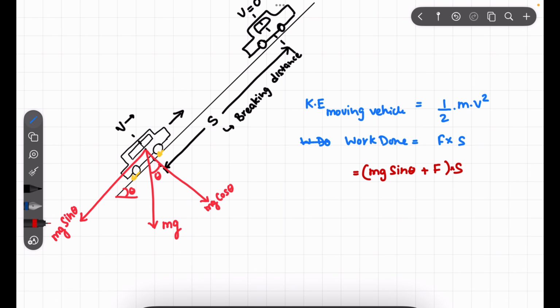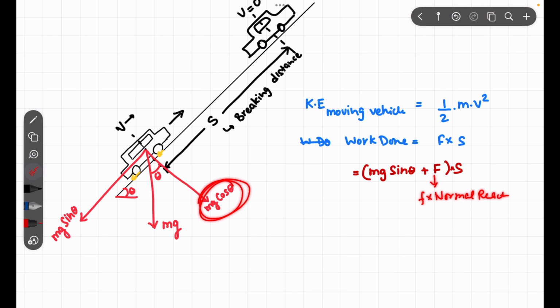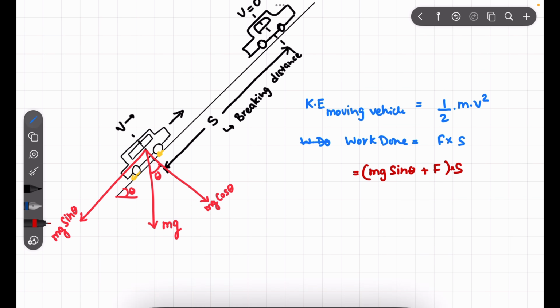The kinetic force of friction is equal to the coefficient of friction, which we will assume to be F, into the normal reaction, which in this case is mg cos theta. So we have mg sin theta plus F into mg cos theta, into S.